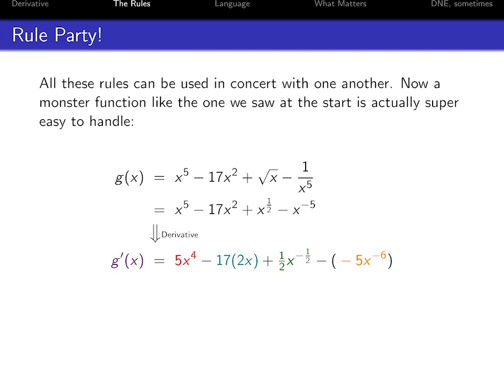At this point, we can do a little bit of simplification, so we get 5x to the 4th minus 34x plus 1/2 x to the negative 1/2 plus 5x to the negative 6. Done, and that's our derivative. We could rewrite it if we wanted, moving those negative exponents into the bottom and bringing that 1/2 exponent into a square root format, but they're both perfectly reasonable ways to answer that.